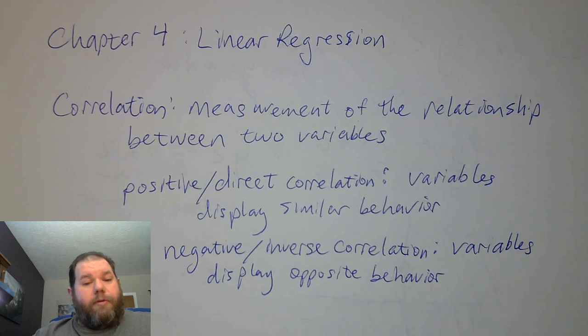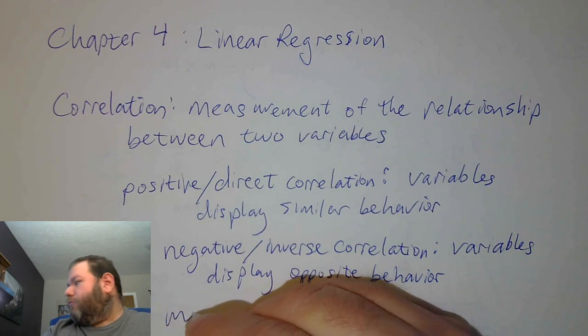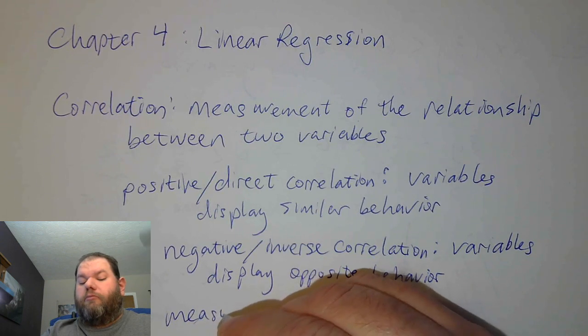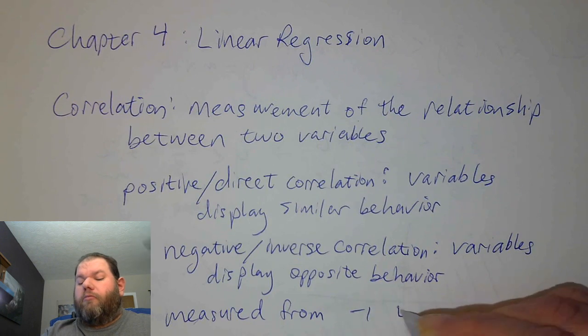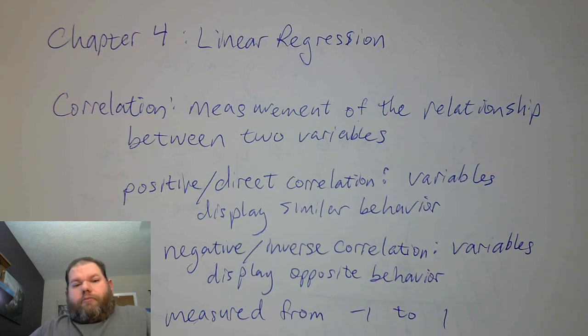Okay, so correlation could be positive or negative, and it's actually measured from -1 to 1. So a value of 1, which is very unusual, means that there's a very strong positive correlation between the two variables, and they have a direct influence on each other.